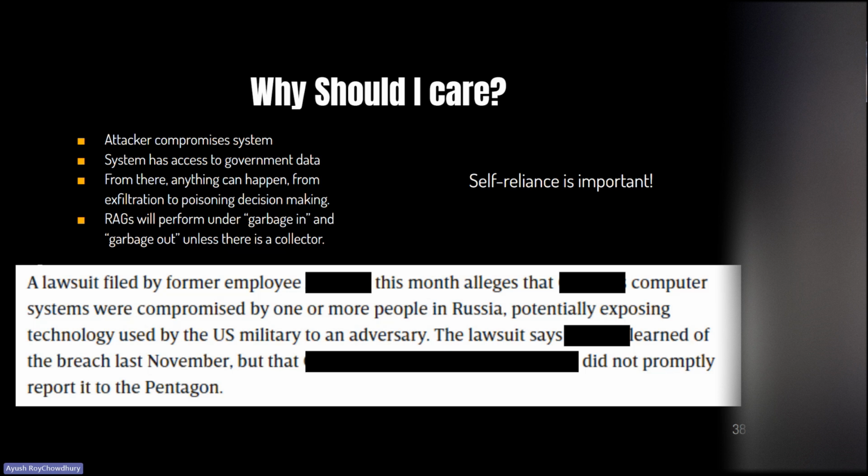So unfortunately, if it is garbage data that goes in, it will be garbage out, unless there is some form of a collector or security around your system that prevents this from happening or reacts when this does happen. So self-reliance is super important, and this is why it's super important to build security around your AI systems as you're building the system, not after you have built and deployed it.